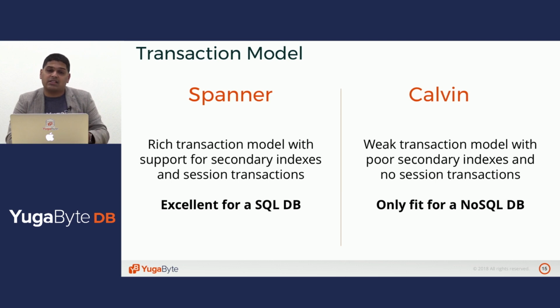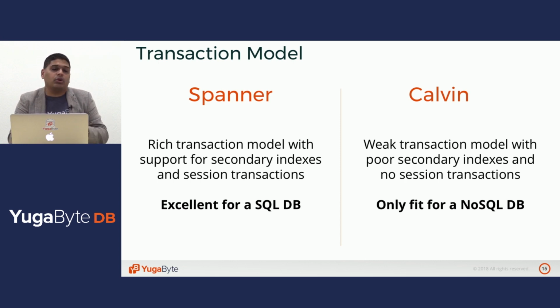And that makes it an excellent engine for a SQL compatible database. Whereas Calvin has a very weak transaction model with poor support for secondary indexes because there will be a lot of restarts in a Calvin-like architecture for transactions that have this notion of secondary indexes.